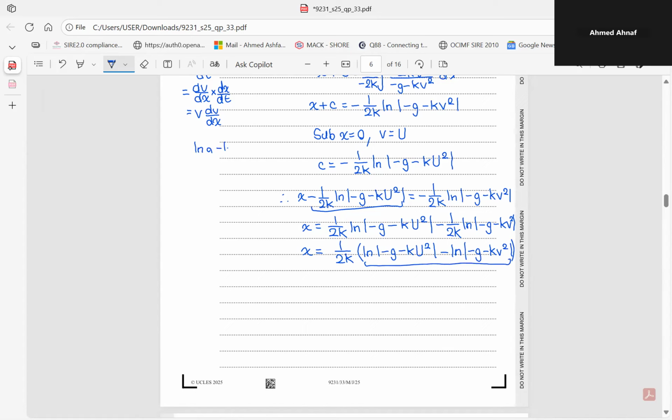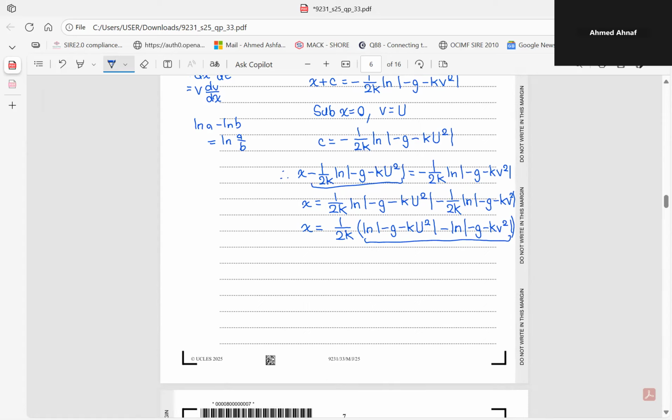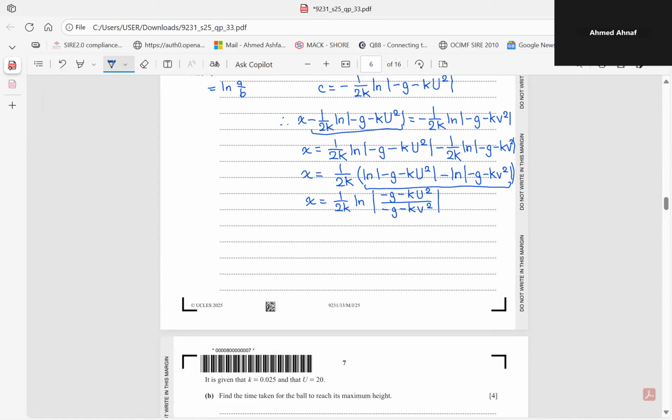So ln a minus ln b, we'll get ln a over b. So the final answer would be 1 over 2k ln of minus g minus k u squared over minus g minus k v squared. And we can factor out -1 from both the numerator and denominator, which will give us our final answer of 1 over 2k ln modulus of g plus k u squared over g plus k v squared.